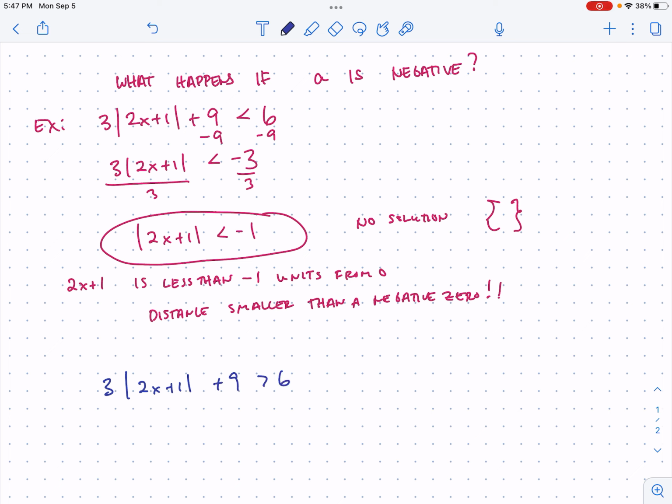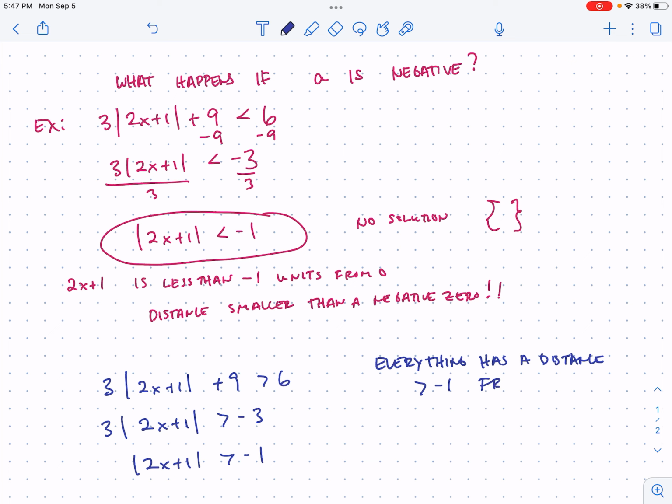make it a greater than sign. Subtracting the 9, I get bigger than negative 3, and the absolute value of 2x plus 1 is bigger than negative 1. So now I'm asking what values of x make this so that it is a distance of more than negative 1. Well, everything has a distance greater than negative 1 from 0 because distance is positive.